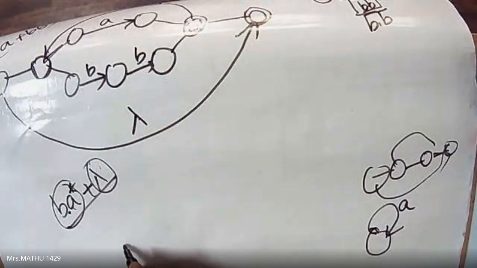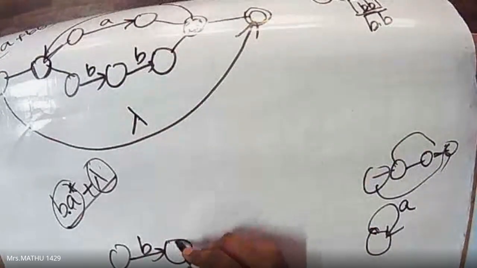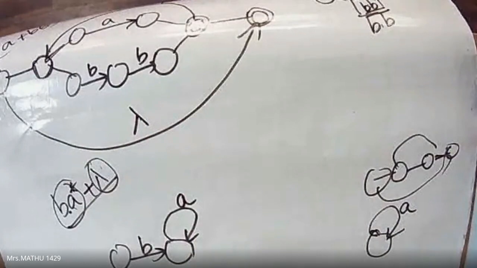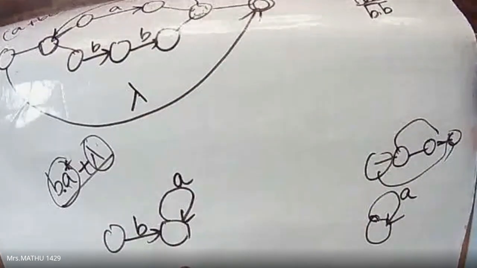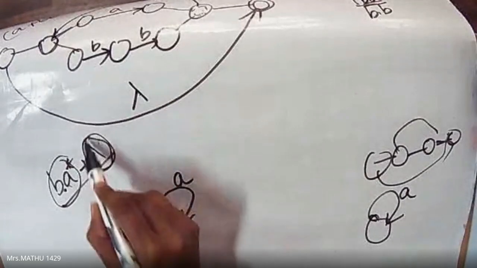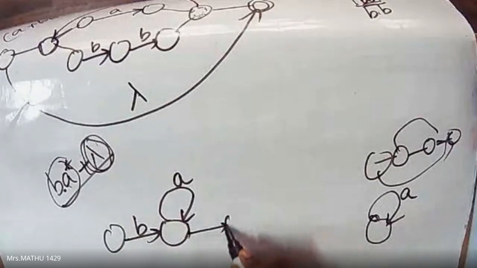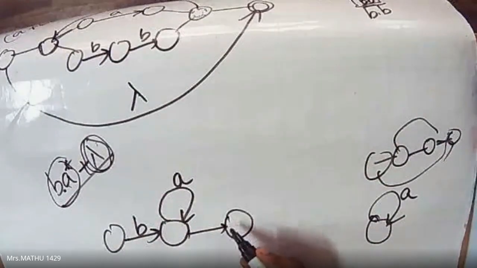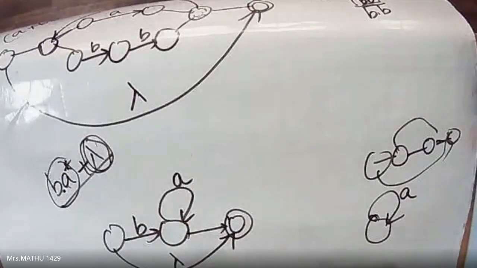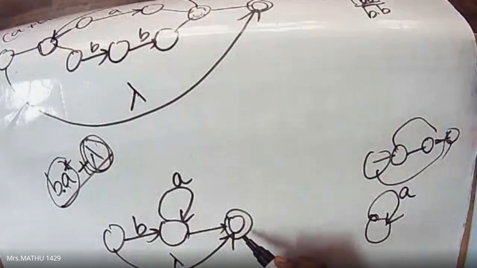So we will be having B, and then followed by A star, B, A star, and then we have another thing here, OR lambda. So this will also go to a final state, and using a lambda edge you can go to a final state.